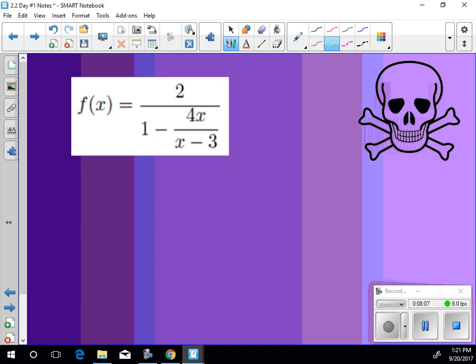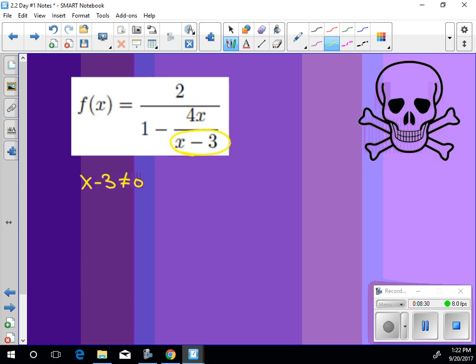First of all, we got a denominator within a denominator. So we're going to have two restrictions, and we want them both to be satisfied. So first restriction, we want this denominator, okay? We want x minus 3 to never equal 0.